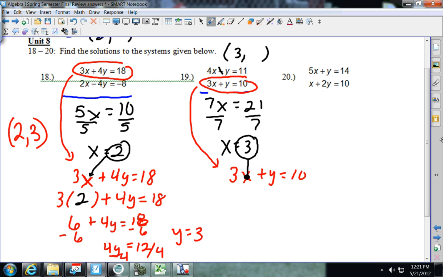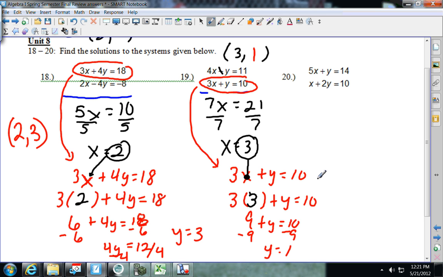That's separate because now I go 3 times the x, which is 3, plus y equals 10. 9 plus y equals 10. Subtract 9 from each side. Y equals 1. So my solution where they intersect is (3, 1).